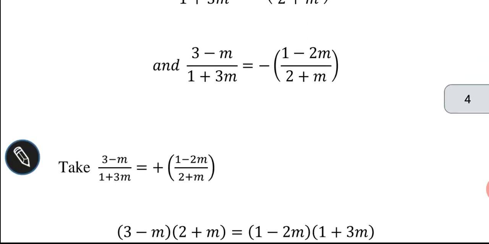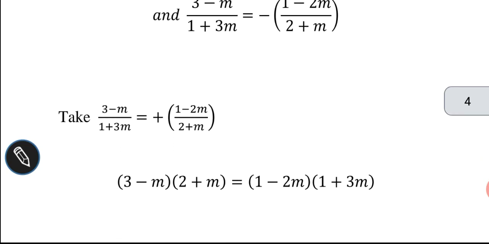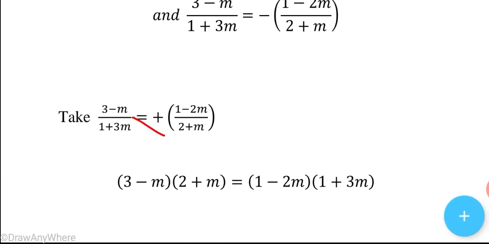Now take this equation: 3 minus m divided by 1 plus 3m is equal to plus of 1 minus 2m divided by 2 plus m. Now cross multiplying, it will become (3 minus m) into (2 plus m) equal to (1 minus 2m) into (1 plus 3m).